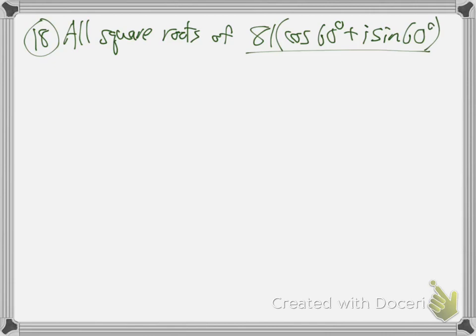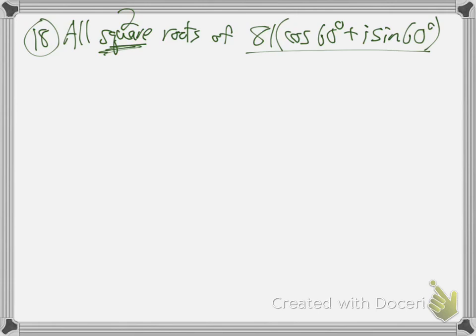So there it is. There's our problem. Square roots. What does square roots mean? Two roots. They want me to find all two roots. Square is 2. Cube is 3, right? So find all square roots of that complex number.